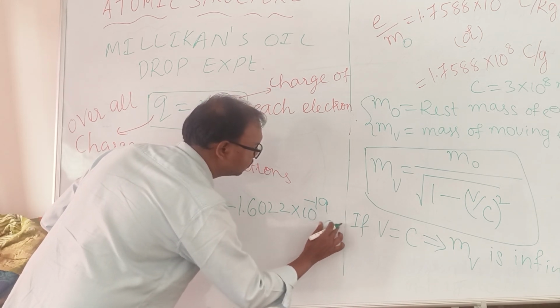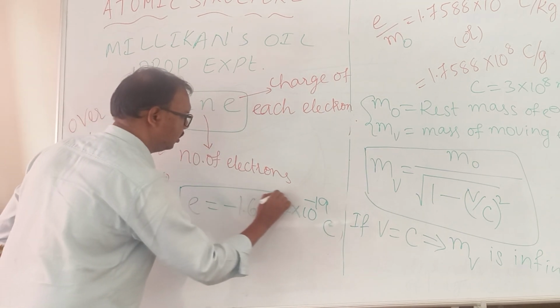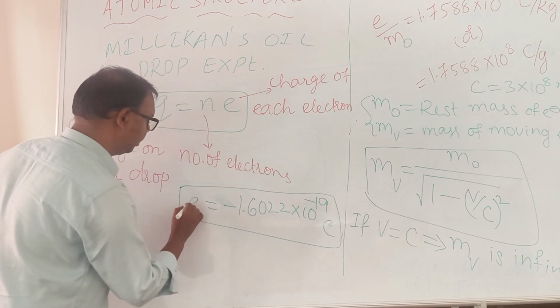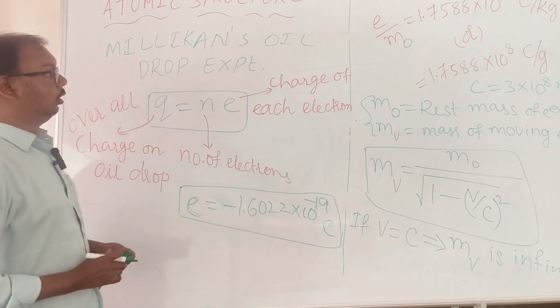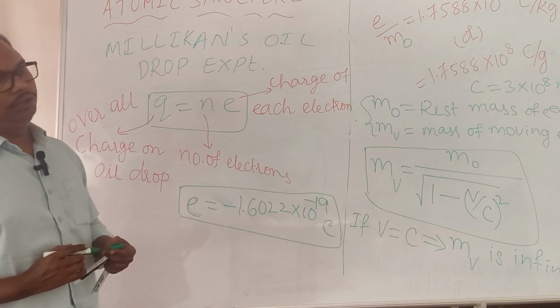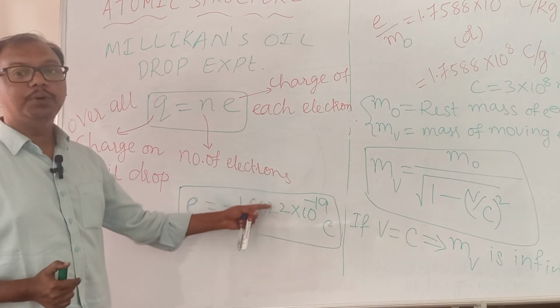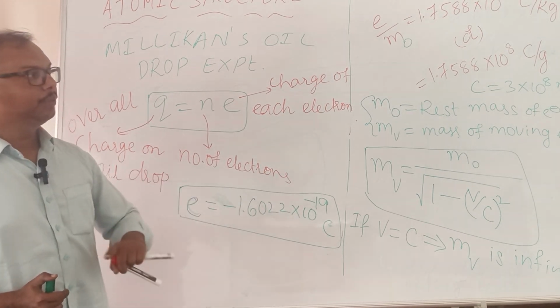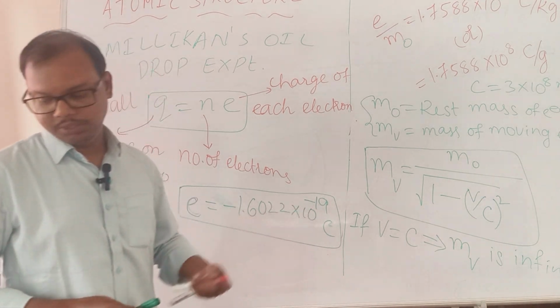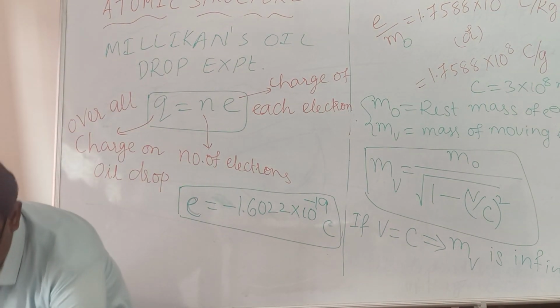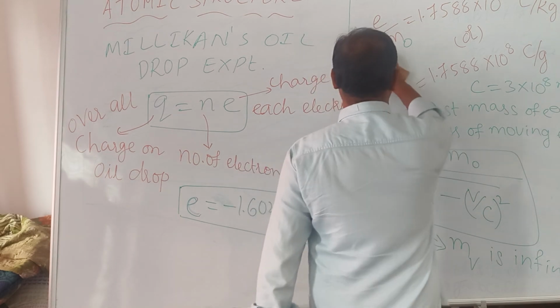The unit is coulombs. This is the charge of each oil drop. That is the oil drop experiment done by Millikan.